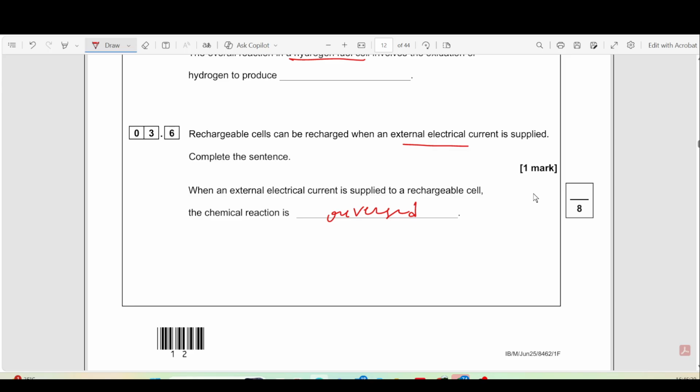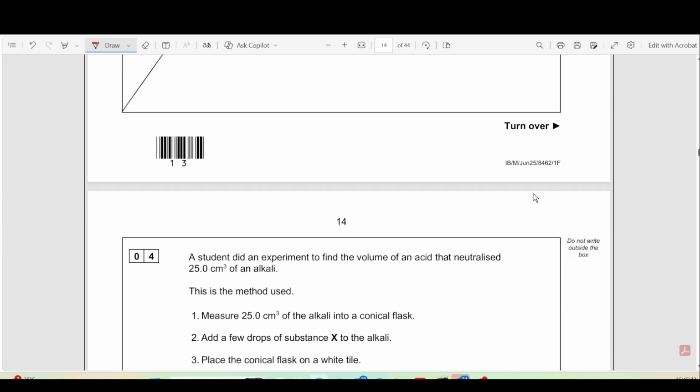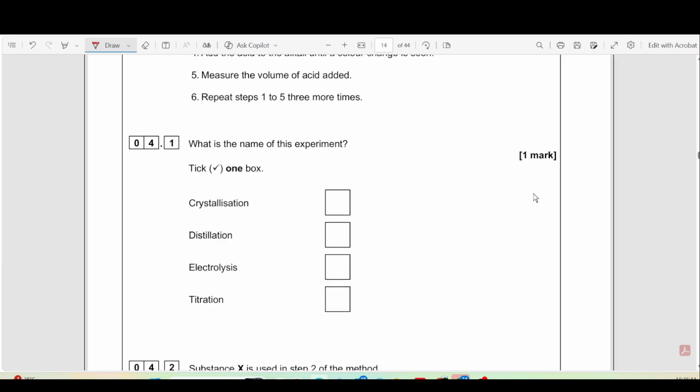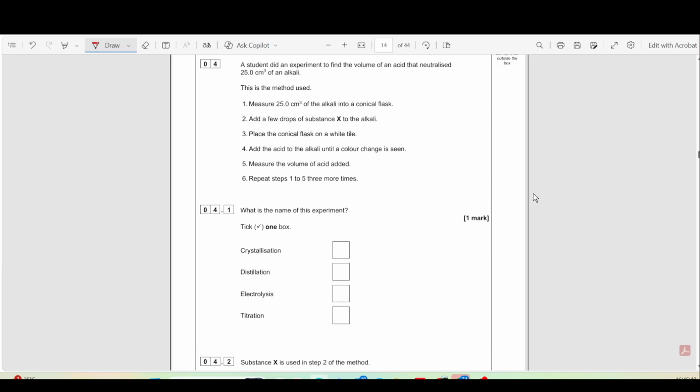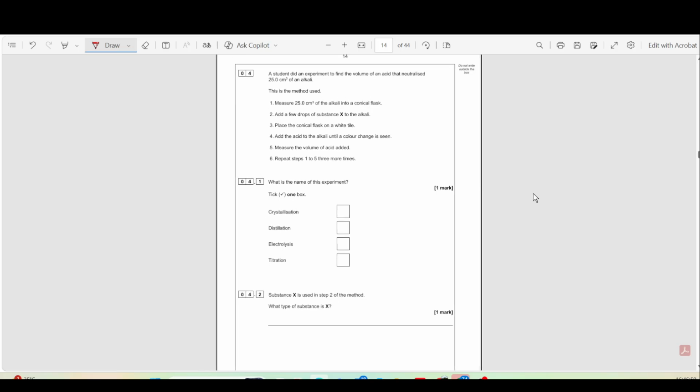When you use the battery, chemical energy is converted into electrical energy. And when you plug it in, the external electrical current drives the chemical reaction in the opposite direction, and that's how it works.